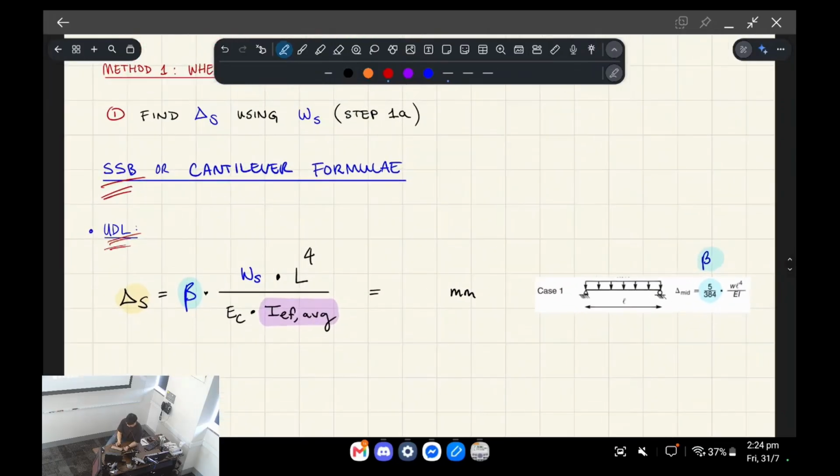So for a UDL, we plug into this formula where beta is equal to 5 on 384, and WS is 15.6 as we calculated earlier.